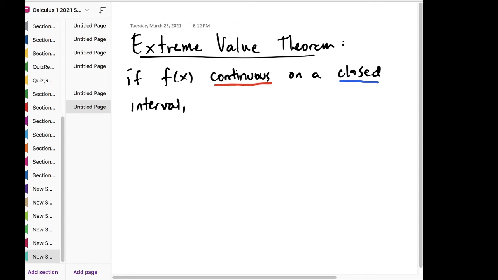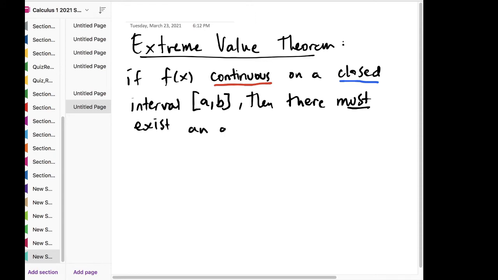When I say closed interval, it's the brackets. Then there must exist an absolute max and an absolute min.